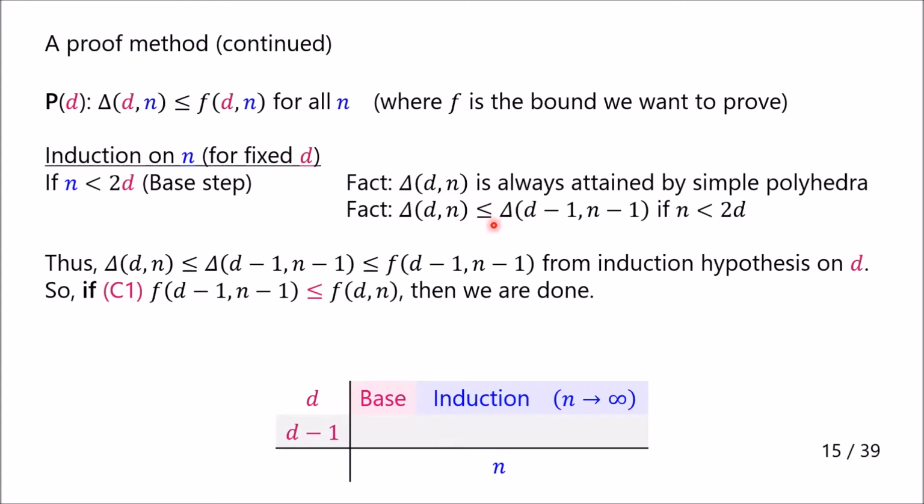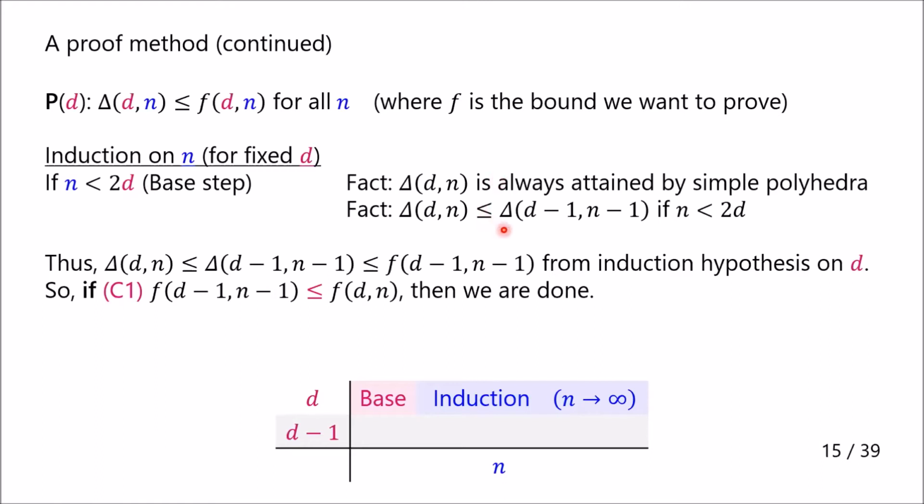This is because in a simple polyhedron, every vertex meets exactly d facets. And from this assumption, there must be a common facet. So this is a facet. Its dimension is d minus 1, and the number of facets is at most n minus 1. So we have this inequality.